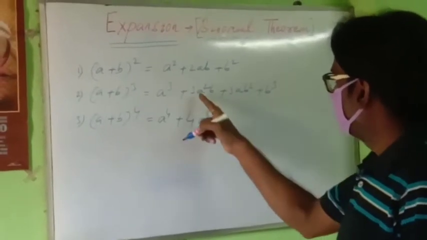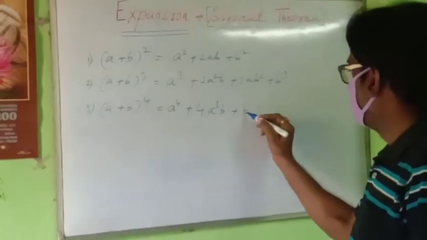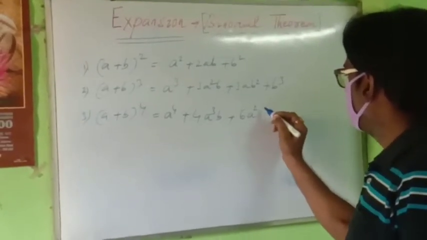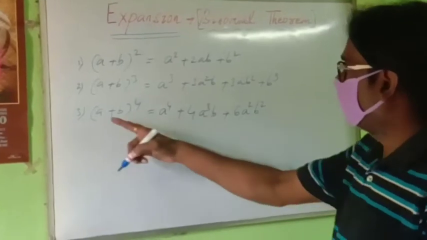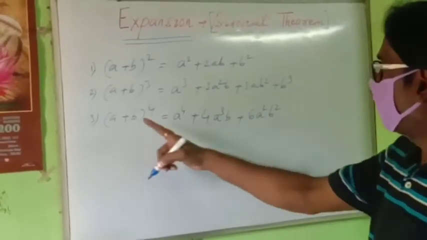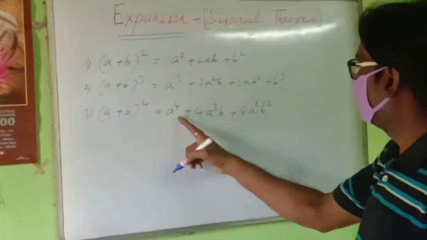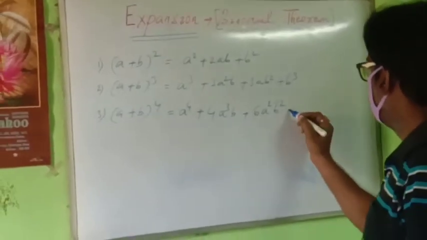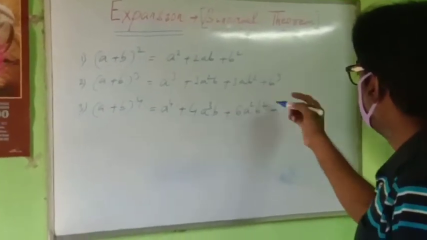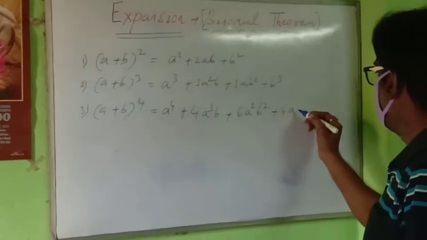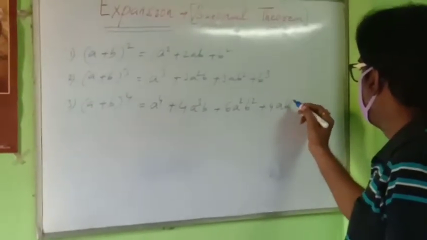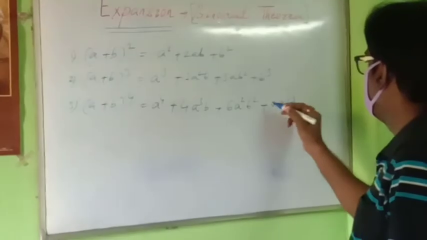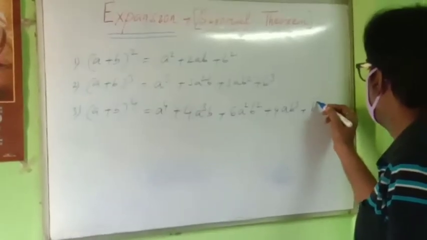Next it will be 3 plus 3, how much? 6 a square b square. Power of a is decreasing and power of b is increasing from 0 onward. Next it will be 3 plus 1, how much? 4 a b cube. And last it will be b to the power 4.